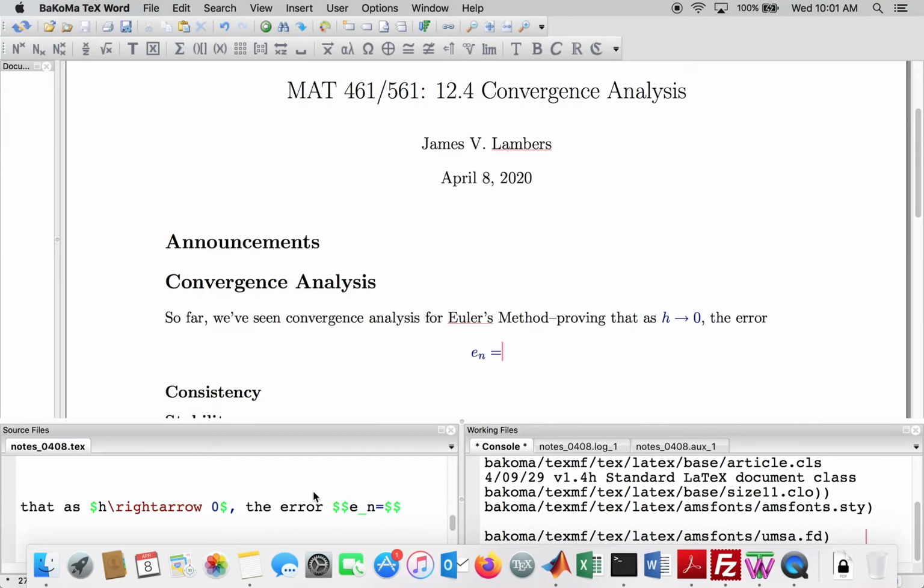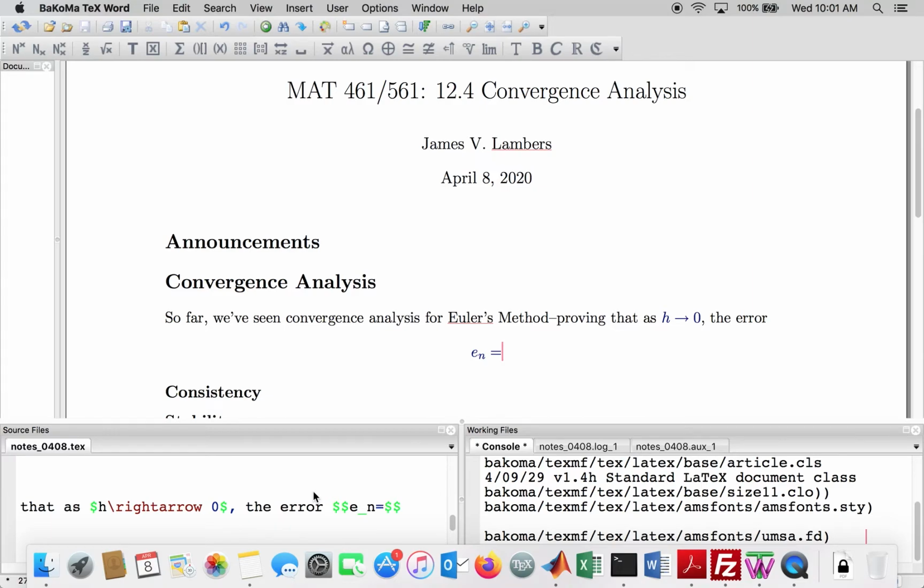There are actually different ways of defining error, believe it or not. Sometimes it's approximate minus the exact, and other times it's exact minus the approximate.